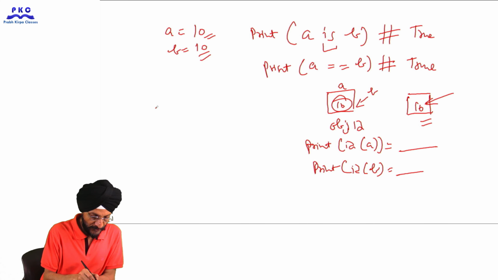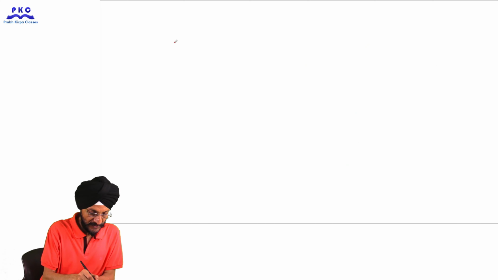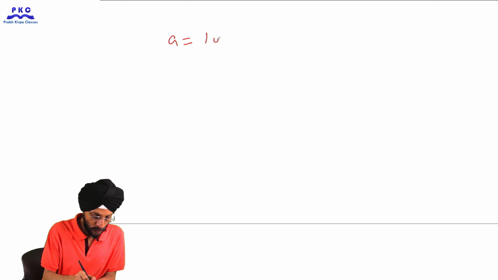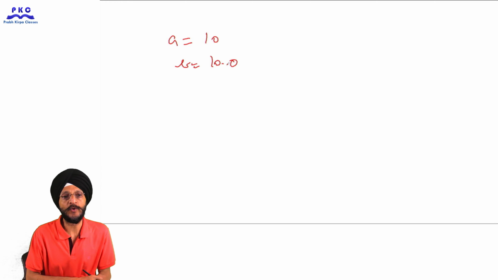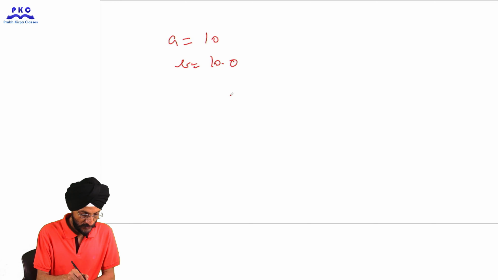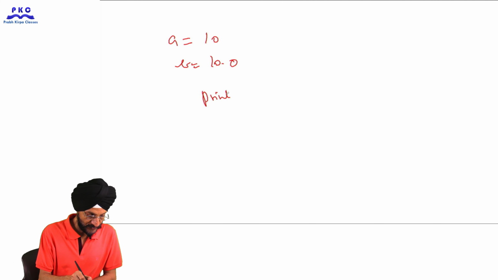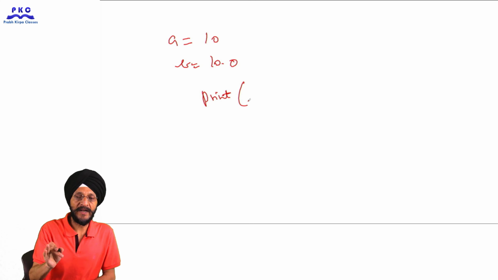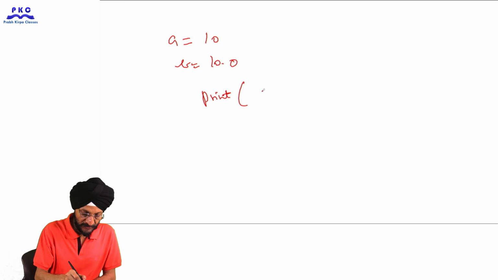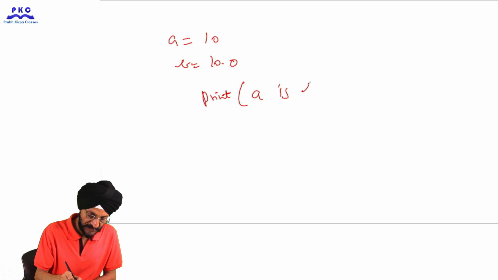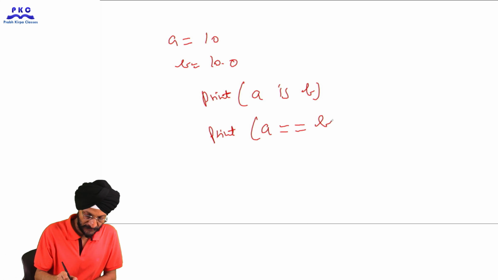So now if we write a is equal to 10, b is equal to 10.0, and now we use the is operator and the equality operator: print a is b, print a equality operator b.